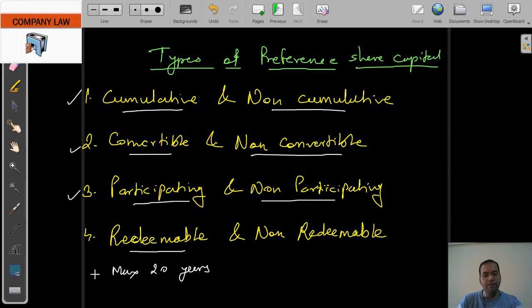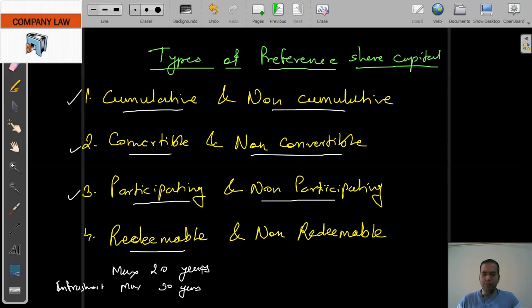But if the company is into infrastructure business, redemption can be a maximum of 30 years, but after the 21st year, every year 10% of the shares should be redeemed.